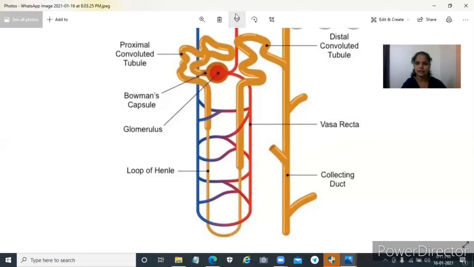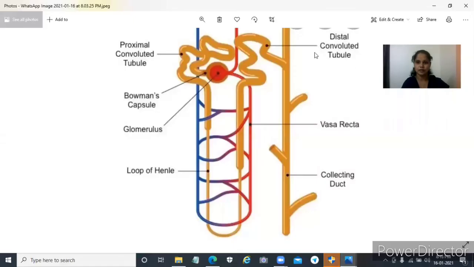Now the next part is the DCT, distal convoluted tubule. It is the second coiled portion of the nephron. This DCT is made up of a single layer of cuboidal epithelial cells.